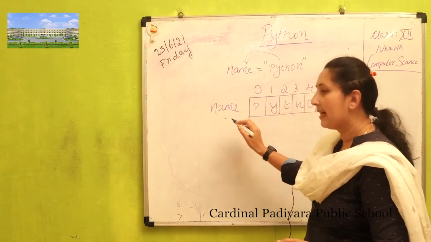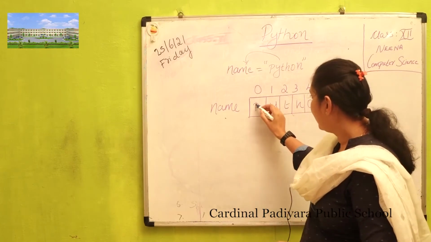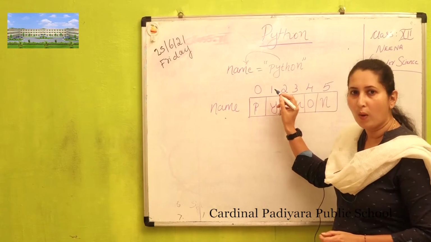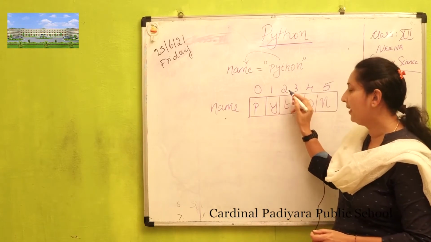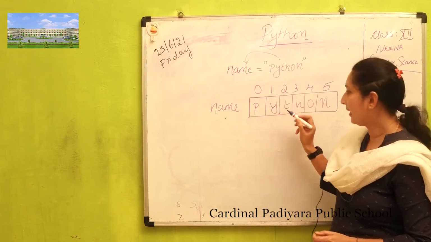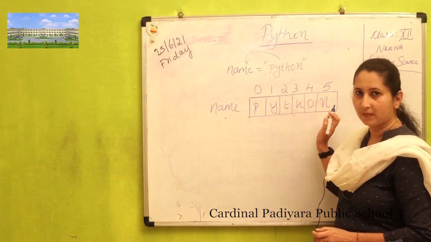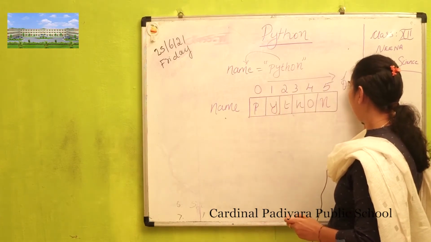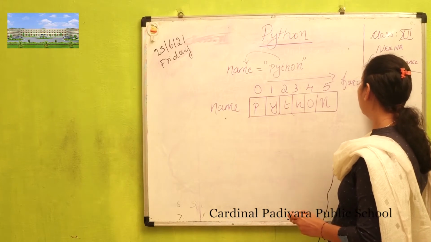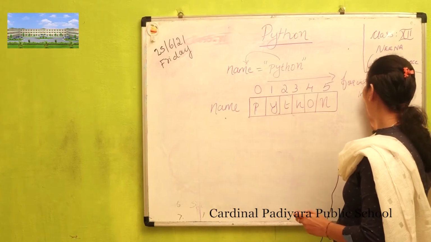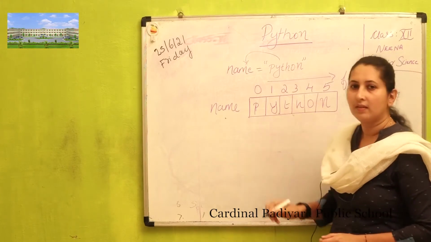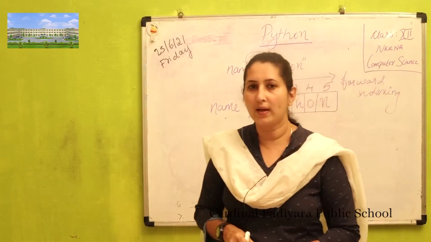So P is at index 0, Y is at index 1, T is at index 2, and so on. This is termed forward indexing.